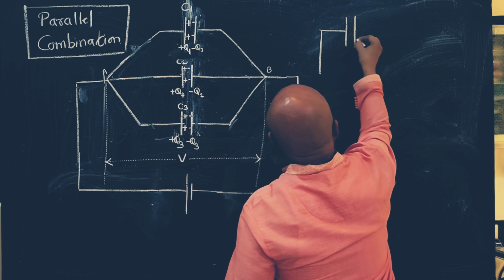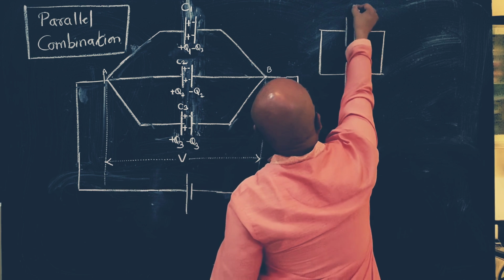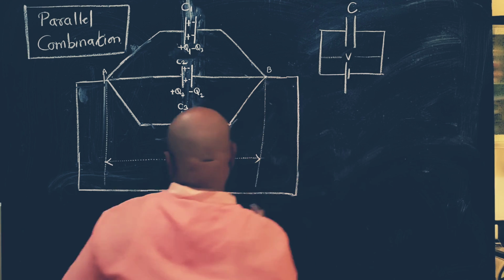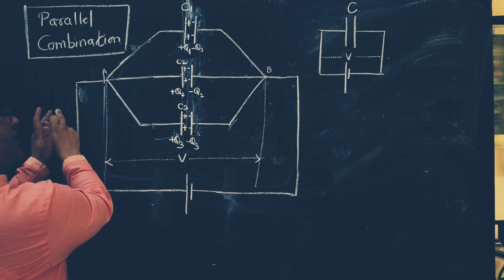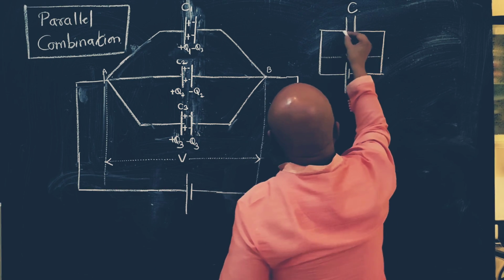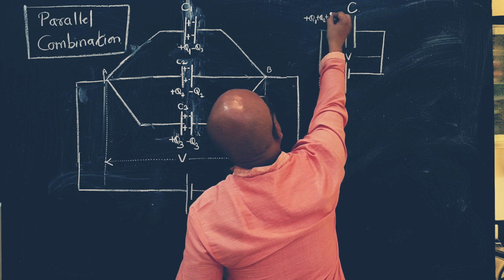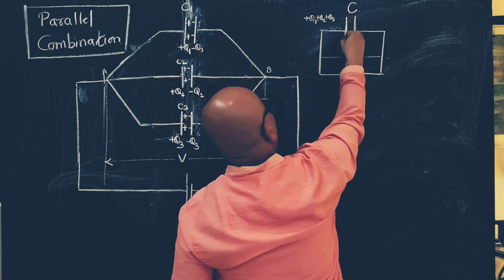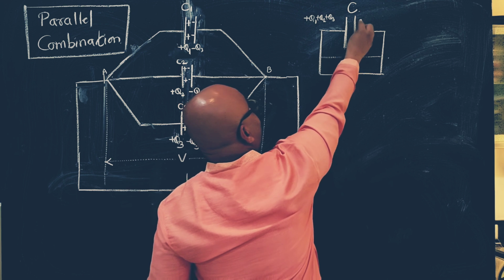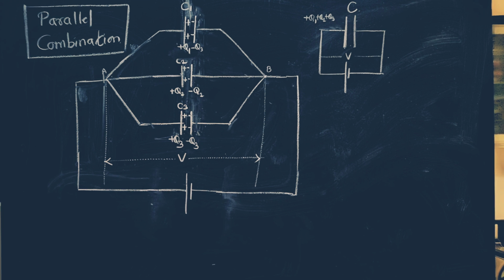We will draw it like this. We take one individual capacitor, this is the source of EMF, this is C, this is potential V. In this diagram, how much charge flowed? Q1 plus Q2 plus Q3. So how much charge will be stored on this? Q1 plus Q2 plus Q3 will be stored on this. Obviously minus Q1 minus Q2 minus Q3 will be induced on this, plus Q1 plus Q2 plus Q3 will be induced on the far side, and that will go to the negative terminal.